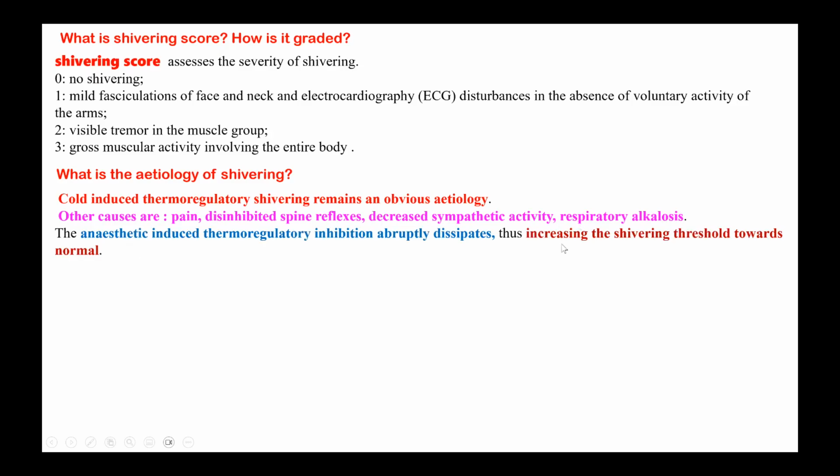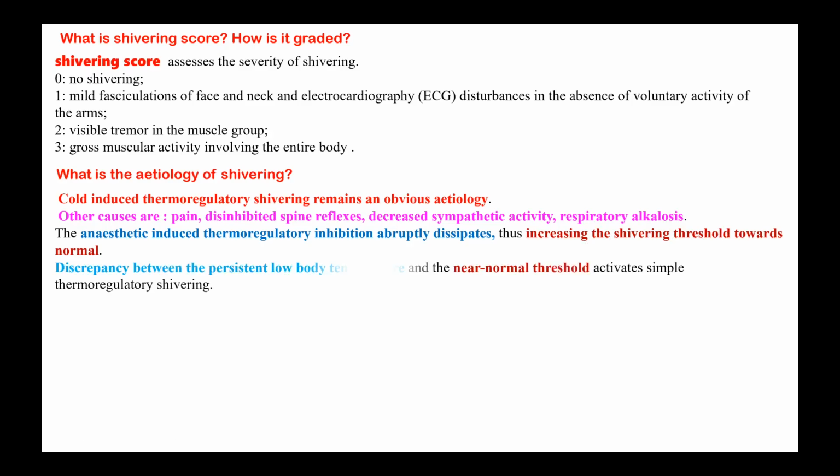So what happens when the hypothalamus is the main center to control our temperature, and it has a threshold value to stimulate the muscles and pass those fibers, which we saw in the earlier slide, to the spinal motor neurons, alpha and gamma motor neurons.